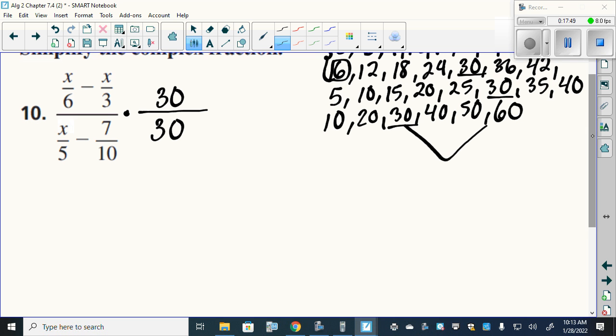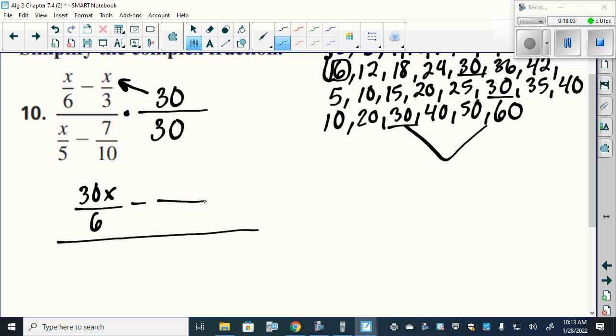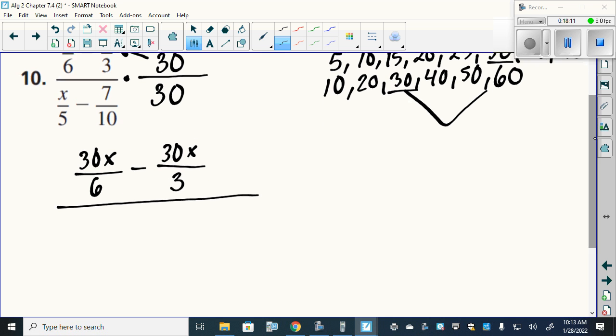So if we do this here, the numerator, so 30 times x, because we're multiplying by the numerators of the numerator, we would have 30x over 6 minus 30x over 3. Then in the denominator, again, we're multiplying this 30 by the numerators of the denominator.